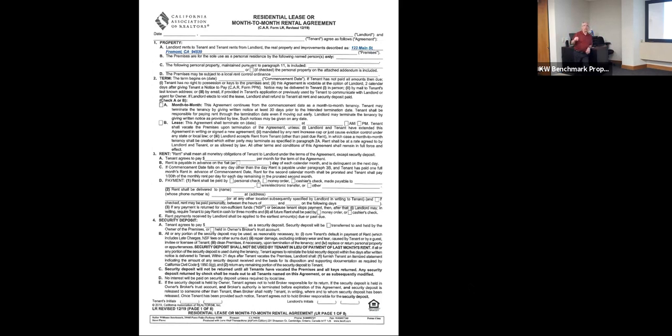One thing I recommend when you enter into an option agreement is, at a minimum, have a pest control inspection done before the tenant moves in, and even better, also do a property inspection. So basically you establish the baseline for the condition of the property.